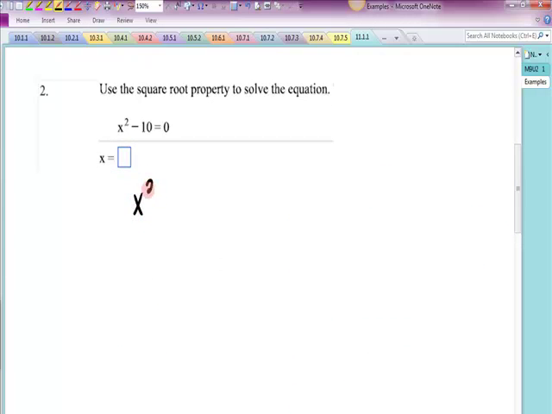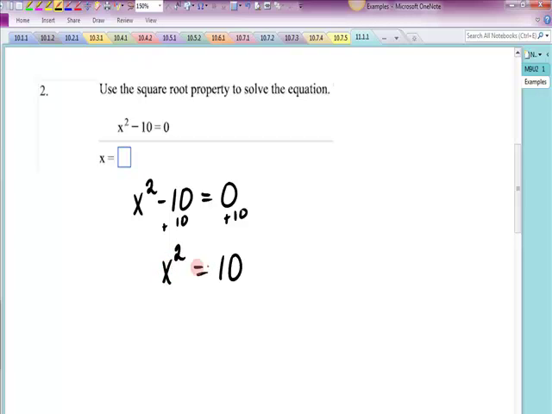I have x squared minus 10 is equal to 0. Well, the instructions tell me to use the square root property. I can't do that in the format it's in. The squared has to be alone. So I'll add 10 to both sides, and I have x squared is equal to 10. And now it's in the right format for the square root property.